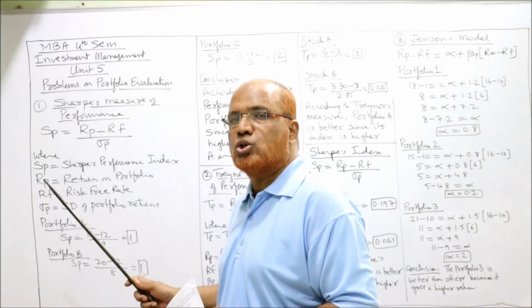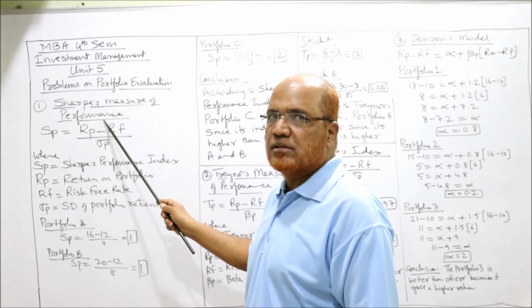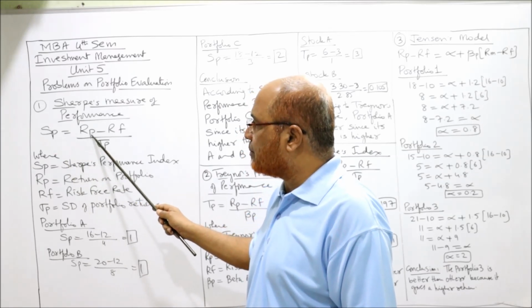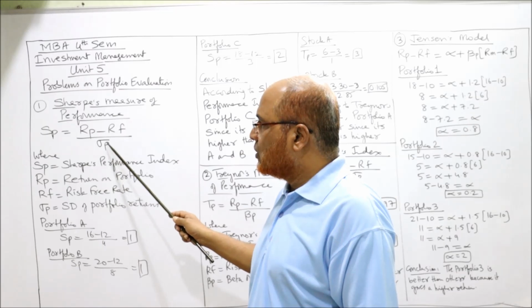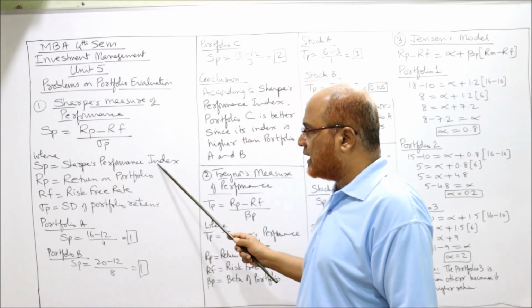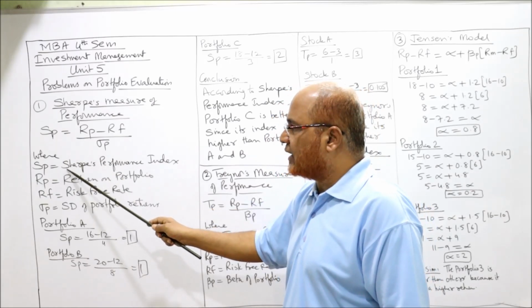Now you can see the solution on the board. Sharpe's measure of performance. The formula given by Sharpe is SP equals RP minus RF divided by sigma P. The full form of SP is Sharpe's performance index. This we have to find out.